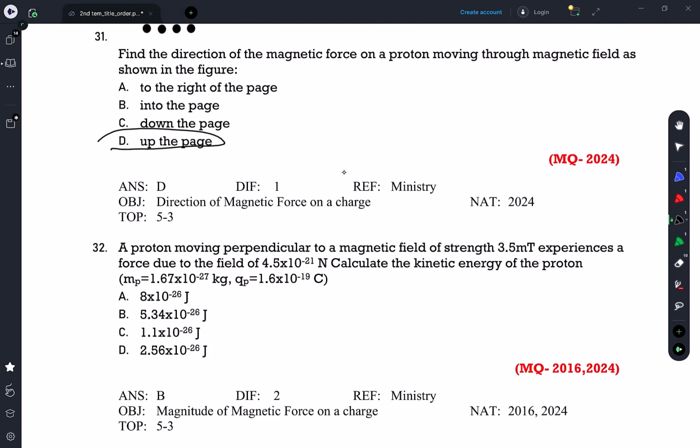A proton is moving perpendicular to a magnetic field of strength 3.5 millitesla, 3.5 times 10 to the power of negative 3 Tesla. Perpendicular means maximum magnetic force, F equals QVB. It experiences a downward force due to the field. If the force is given, calculate the kinetic energy of the proton.